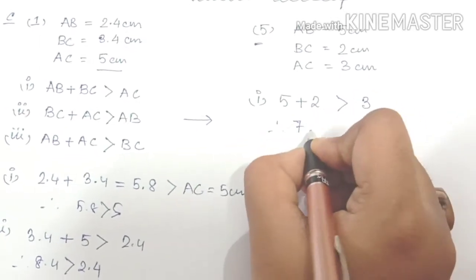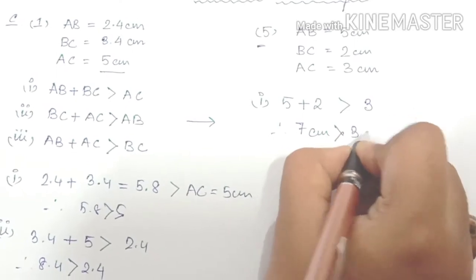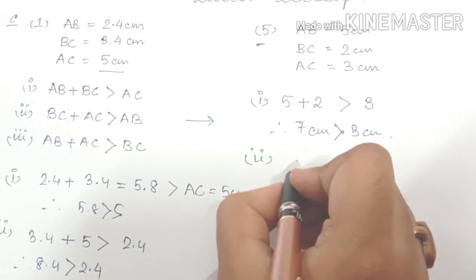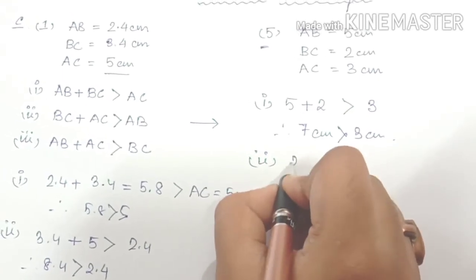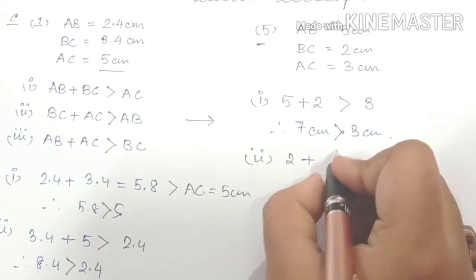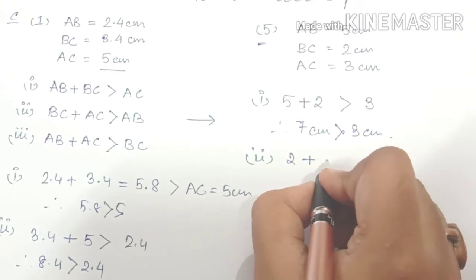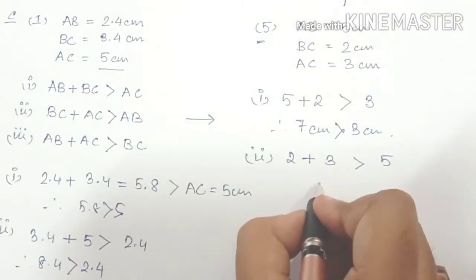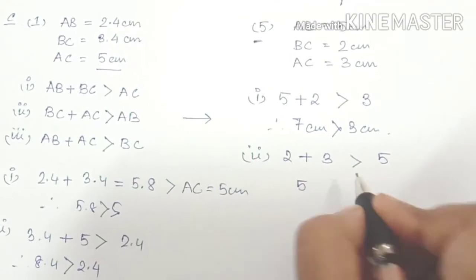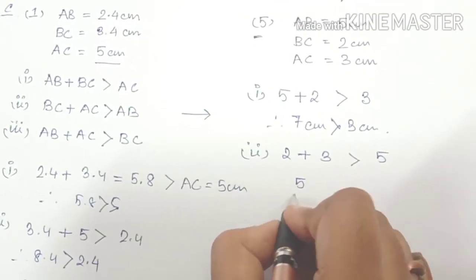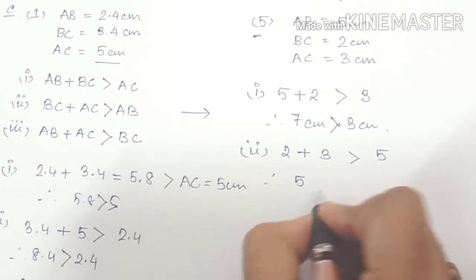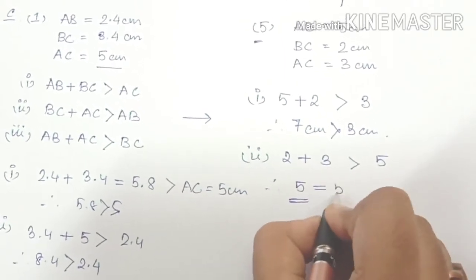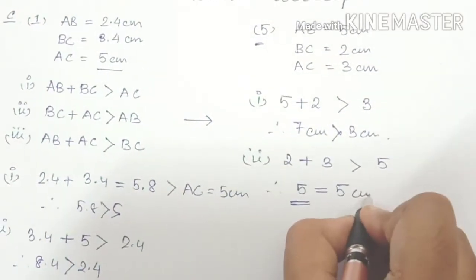Therefore 7 centimeter is greater than 3 centimeter. That's fine. Then coming to the next one, that is BC, that is 2 centimeter, plus AC, that is 3 centimeter. It should ideally be bigger than 5. Now here you can see that 3 plus 2 is equal to 5, which is equal to 5 centimeter.